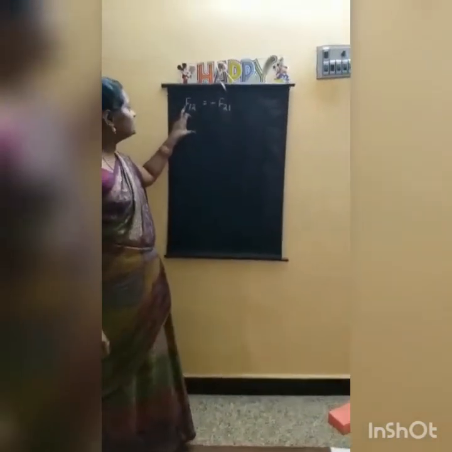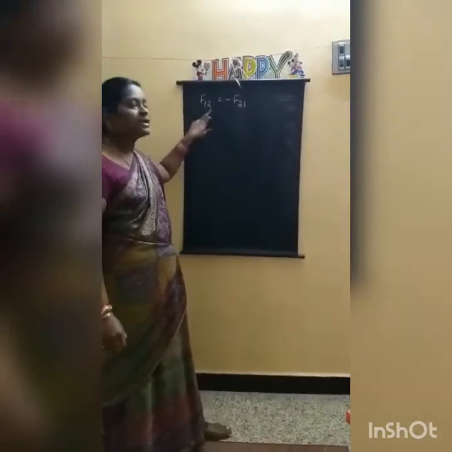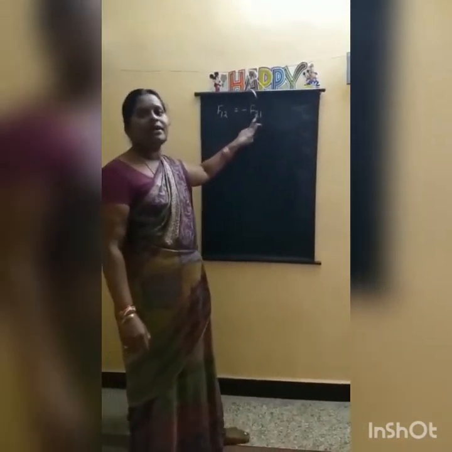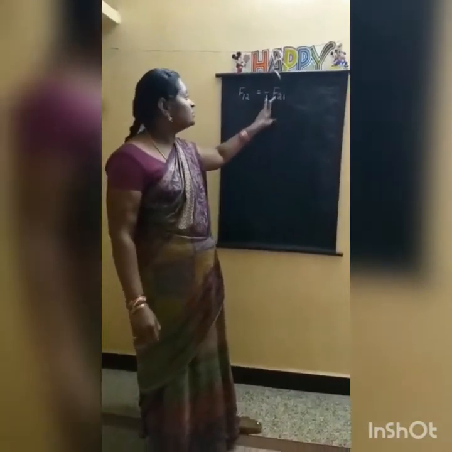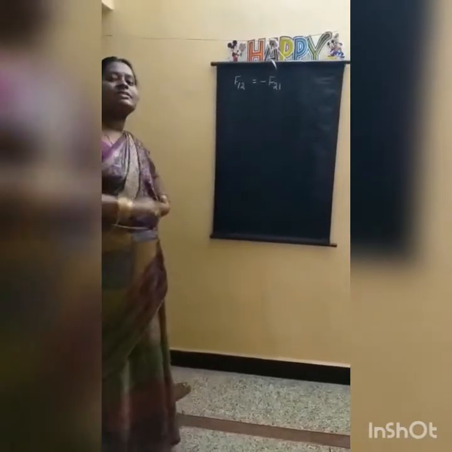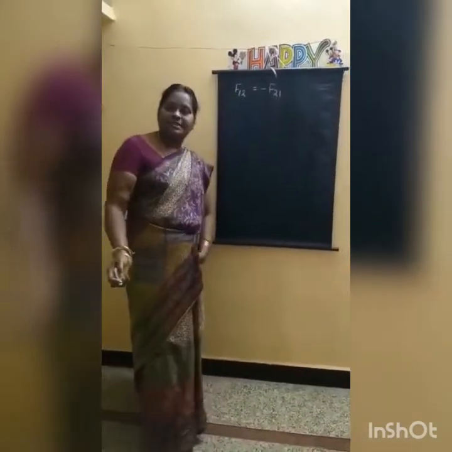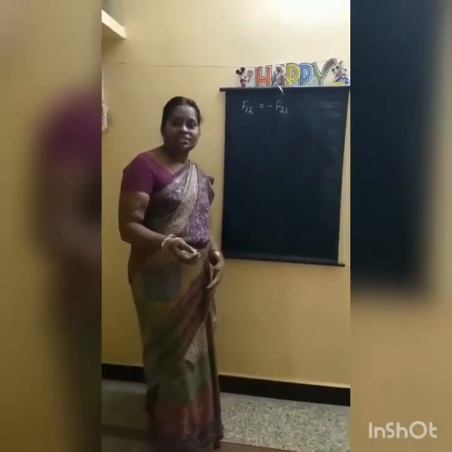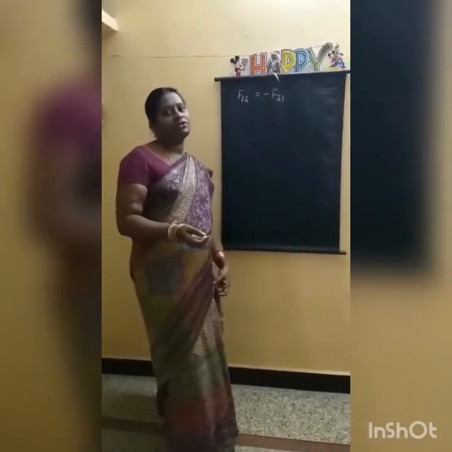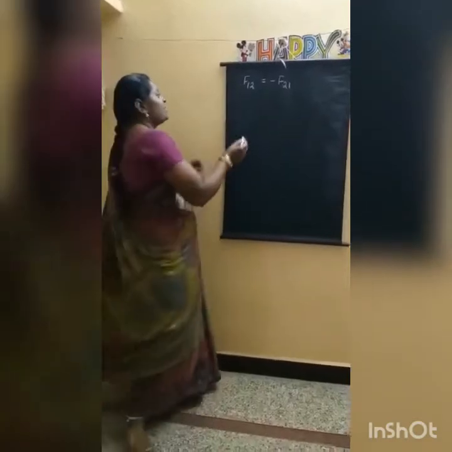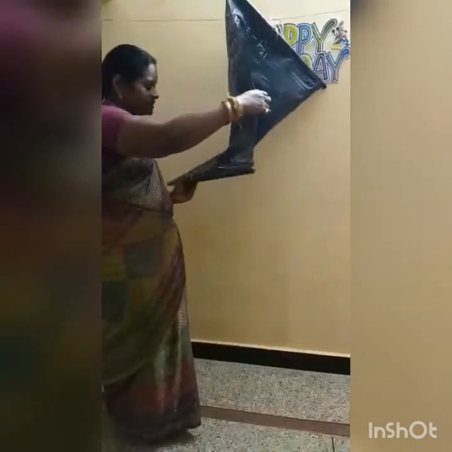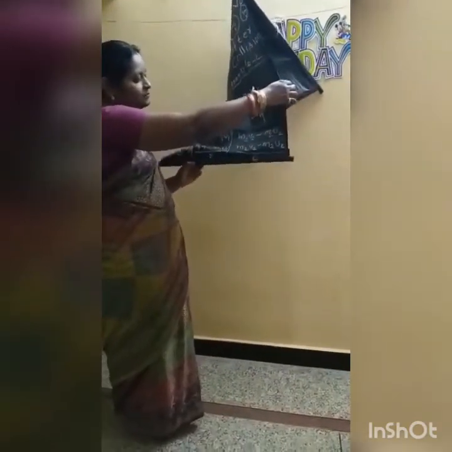That is, the force exerted by the first body on the second body is equal to the force exerted by the second body on the first body, but opposite in direction. According to Newton's second law, the force is the rate of change in momentum. F is equal to ma. We already discussed the rate of change in momentum.